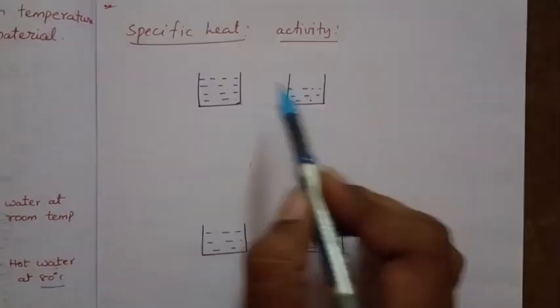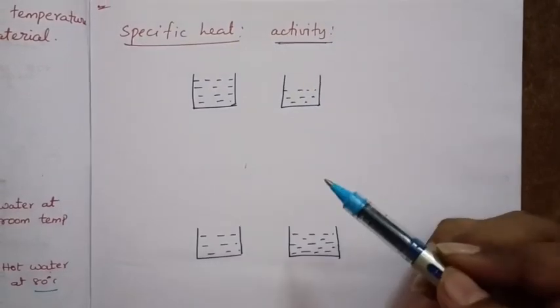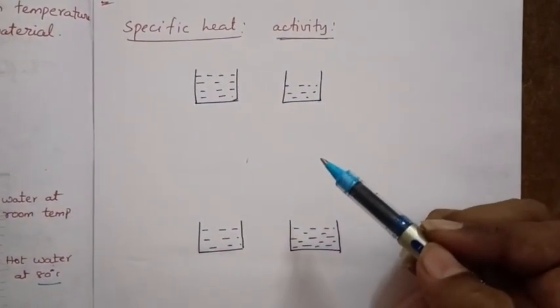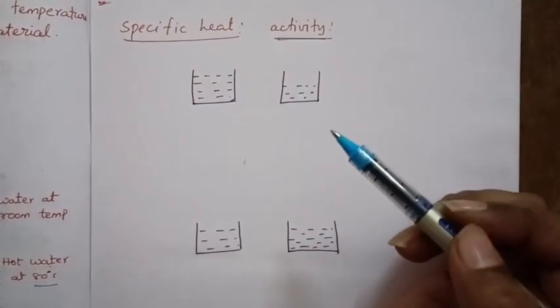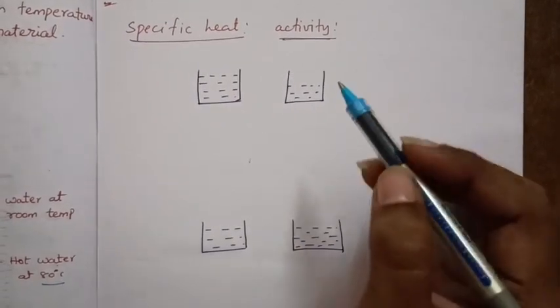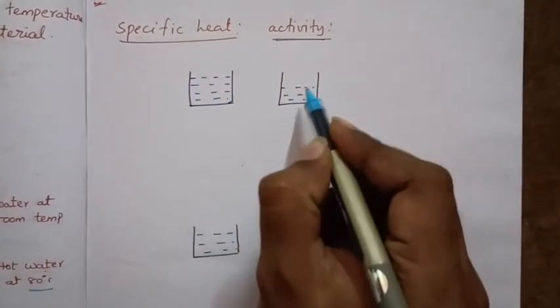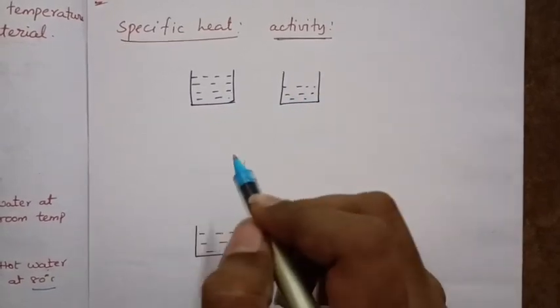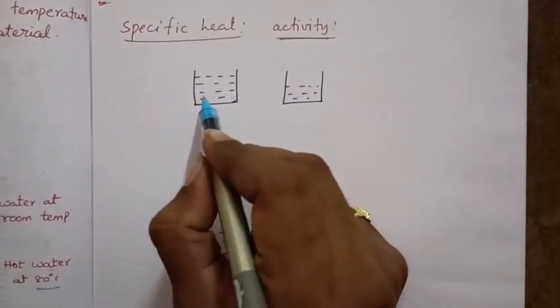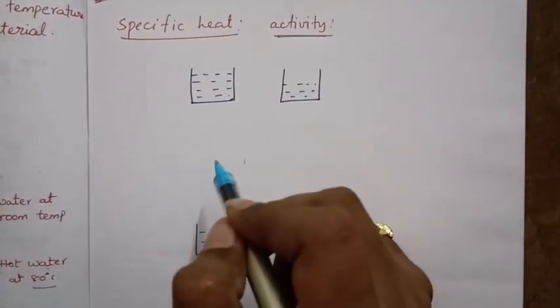Now, activity to find specific heat, to derive the formula for specific heat. First, we have taken two identical vessels filled with water.